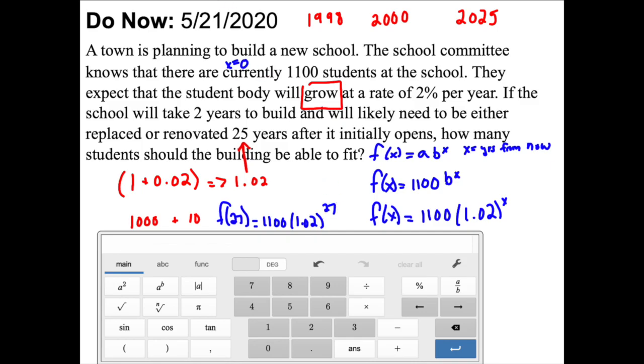And here's where you'd use your scientific calculator. So this is my Desmos. 1,100, again, desmos.com/scientific. 1.02, okay, so there we go.